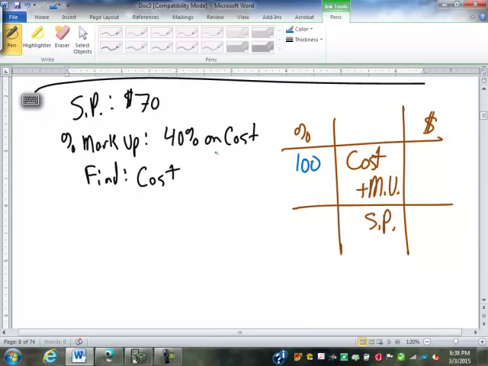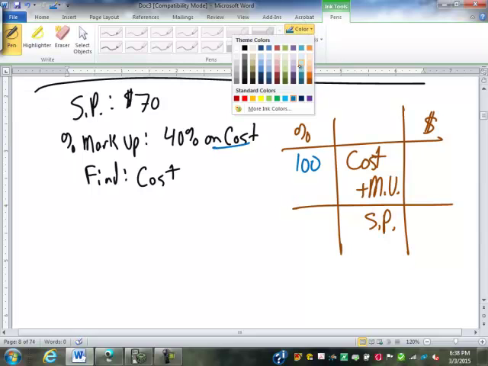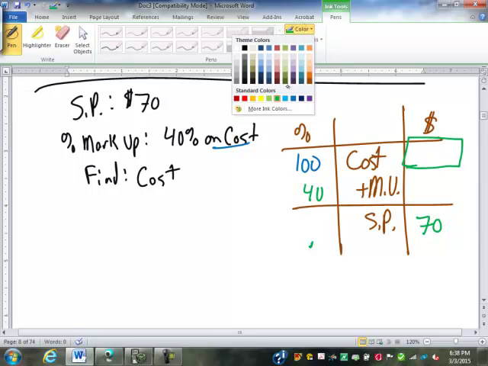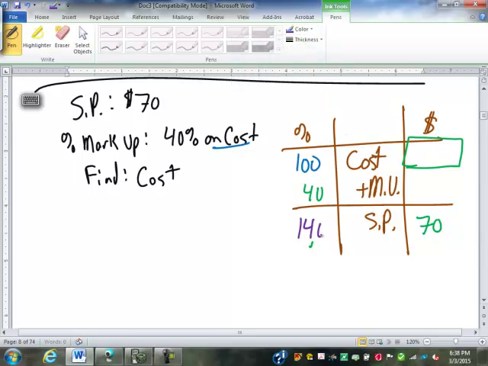On the cost. Very good, because it's on cost. Good. What else do we know? 40% markup and $70 selling price. Looking for dollar cost. This number is going to become 140. Very good. So I can ignore the middle row again. 100 times 70 divided by 140 is $50 cost.